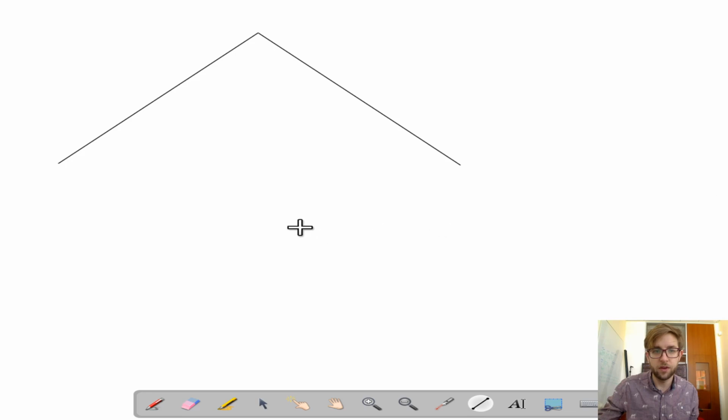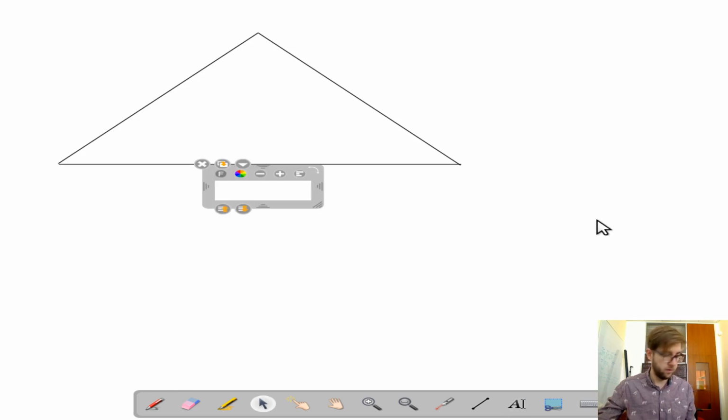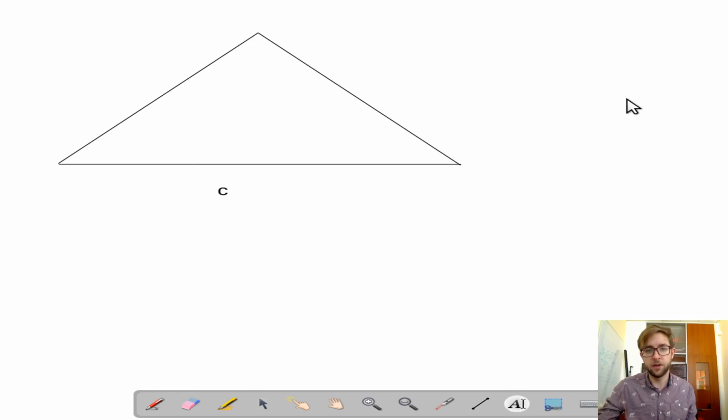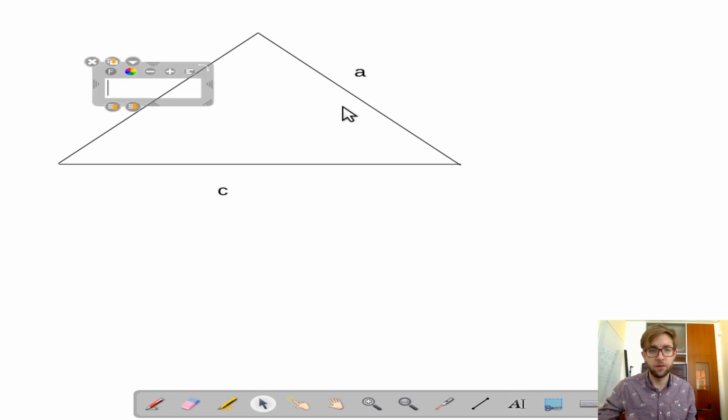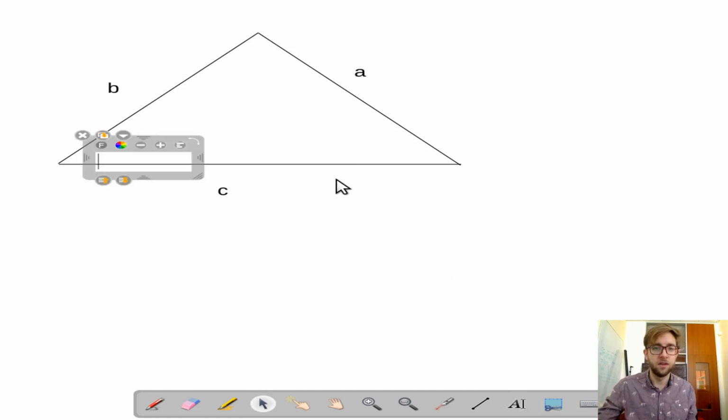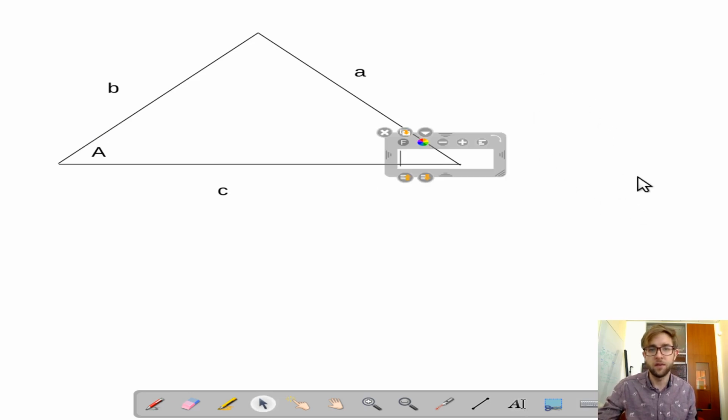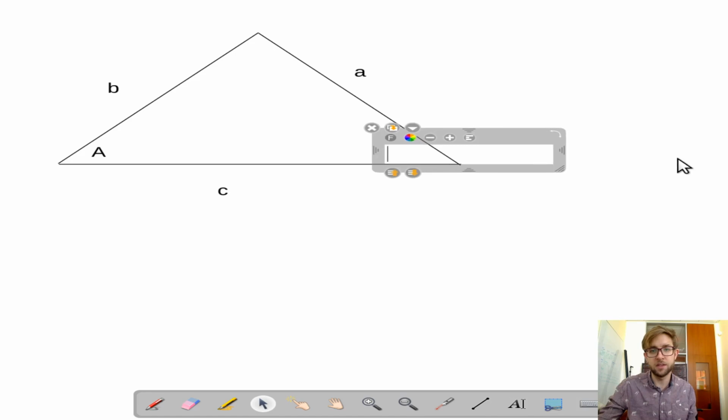For any triangle, we'll use lowercase letters to denote sides and uppercase letters to denote the angles, and the angles are opposite their side.